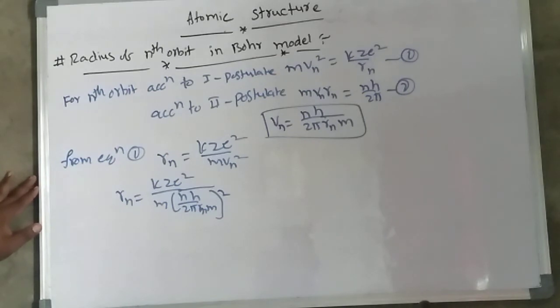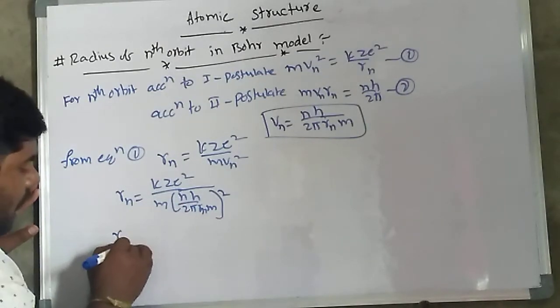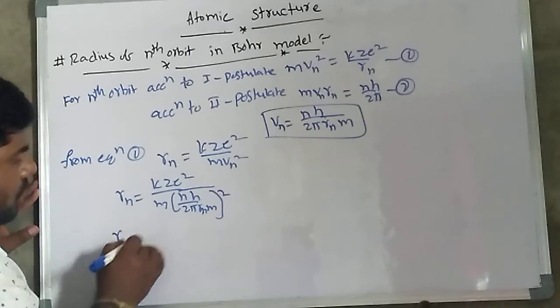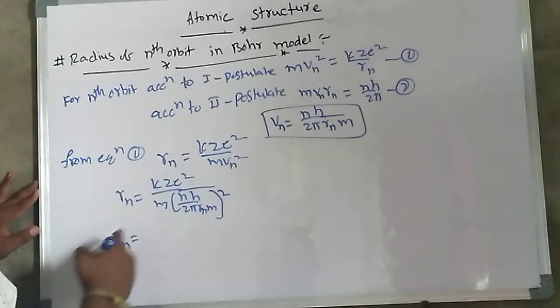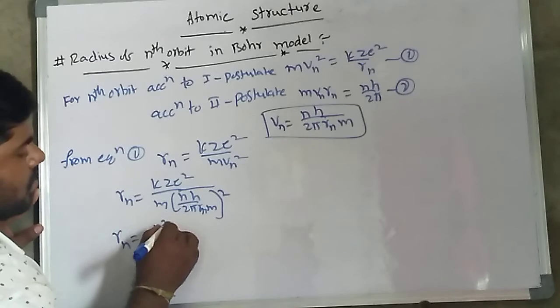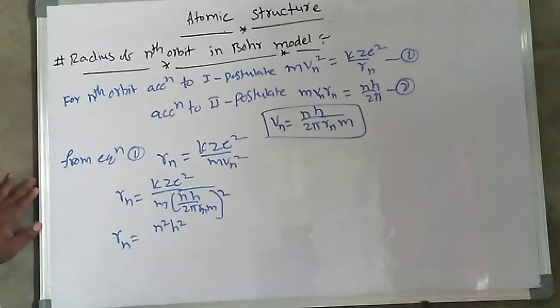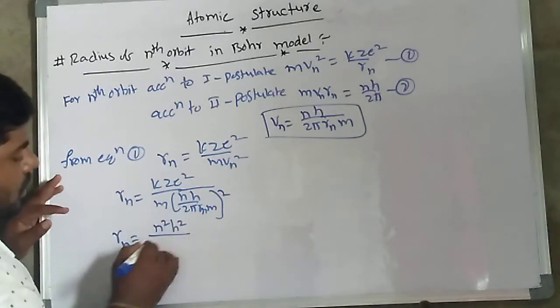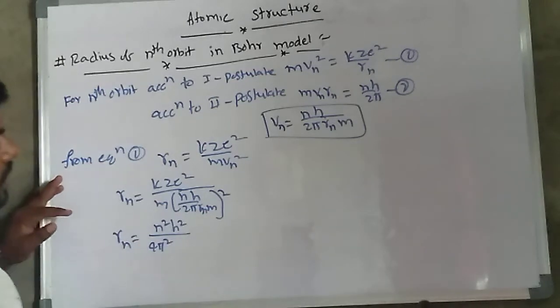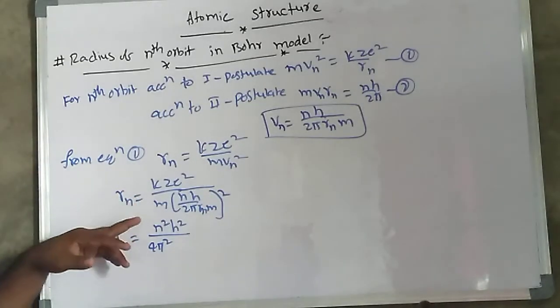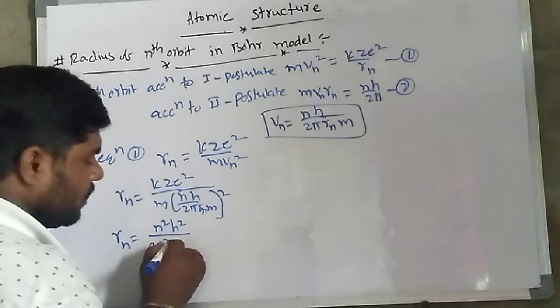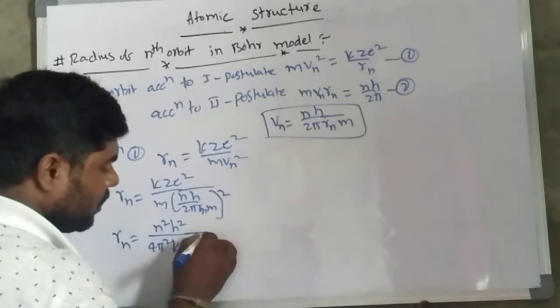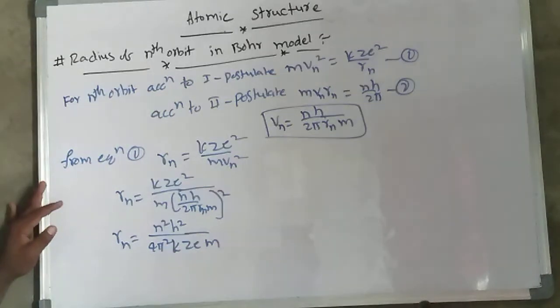After simplification, m is cancelled, so rn equals n square h square divided by 4 pi square k z e square m.